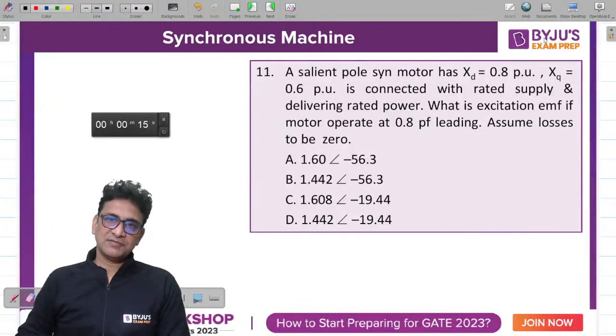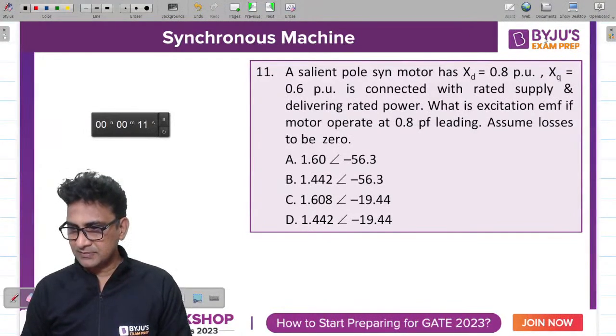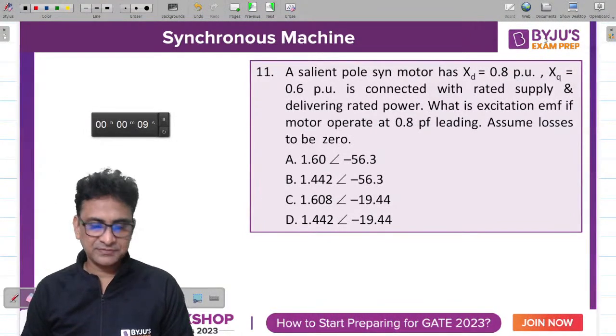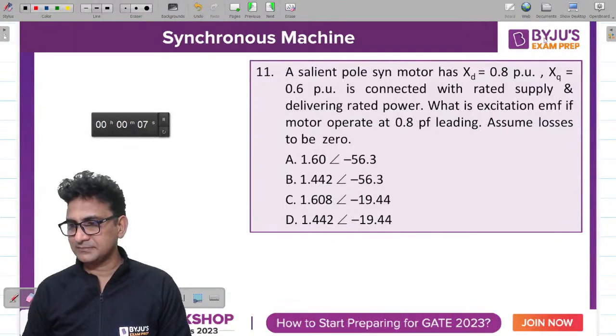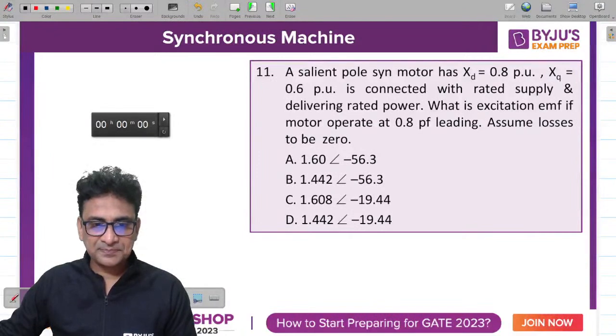Yes, how to solve the salient pole machine problem? The toughest topic of synchronous machines. Okay, your time is up.